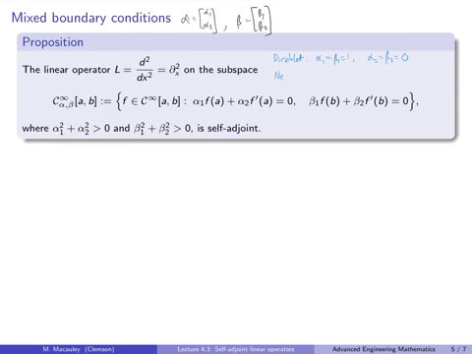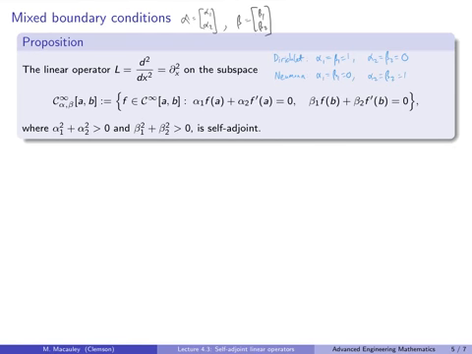Neumann boundary conditions, or type 2, occur when the derivatives are 0. So this happens when alpha 1 and beta 1 are 0 and alpha 2 and beta 2 are 1. And we've actually seen another one. I think it was lecture 4.1.